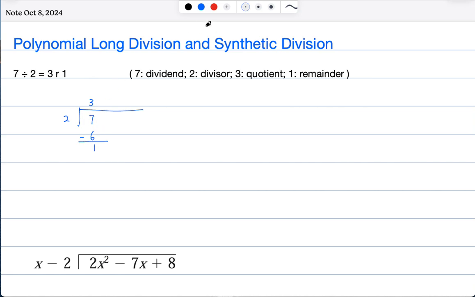In this case, we call the number on the top the quotient. And our 7, this original number being divided, we call the dividend.